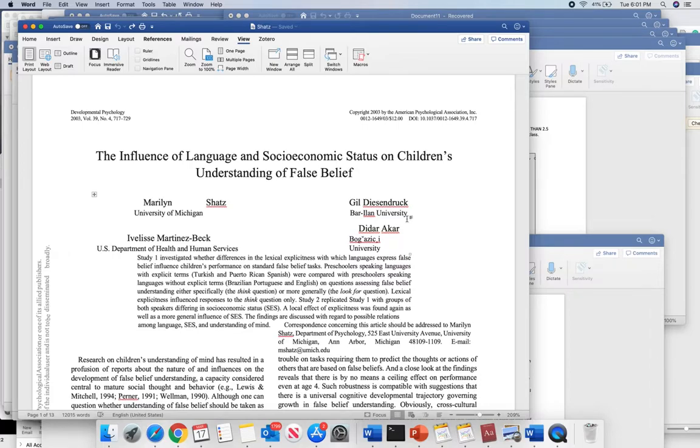So what we're seeing here is that they're looking at language and socioeconomic status on children's false beliefs. What I'm interested in, why I chose this, was the language. Does language cause people to have greater cognitive abilities, the abilities that didn't exist? Now, with that in mind, let's step into the abstract.